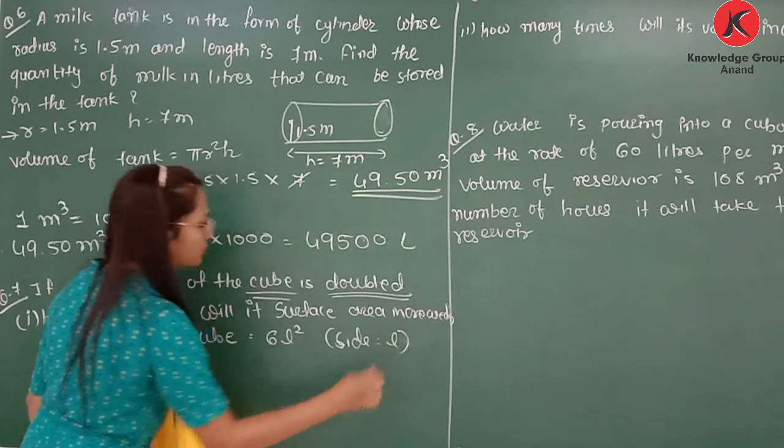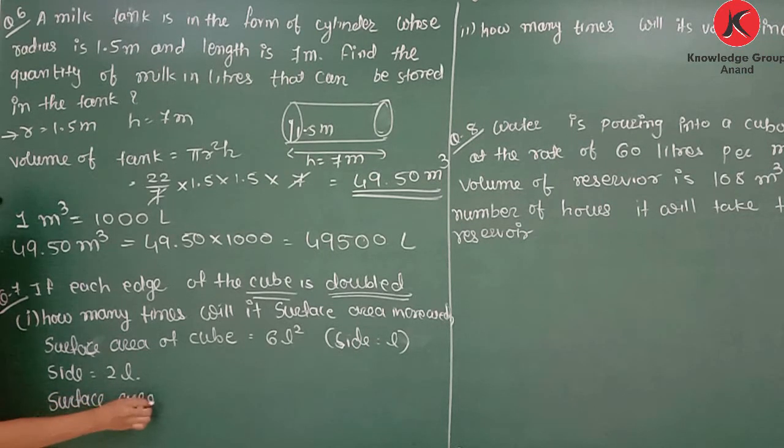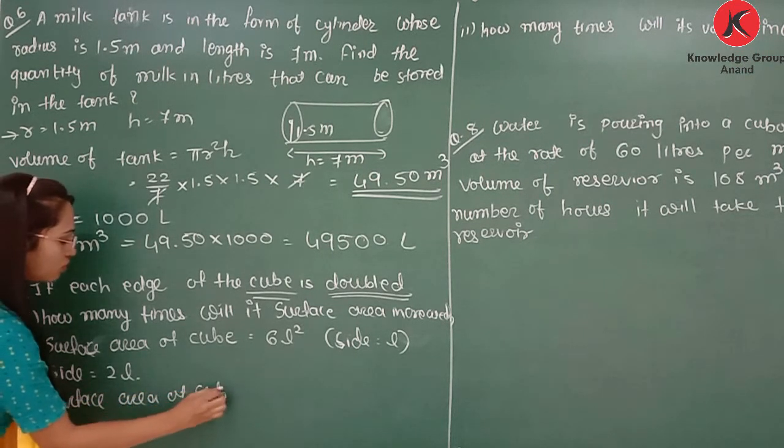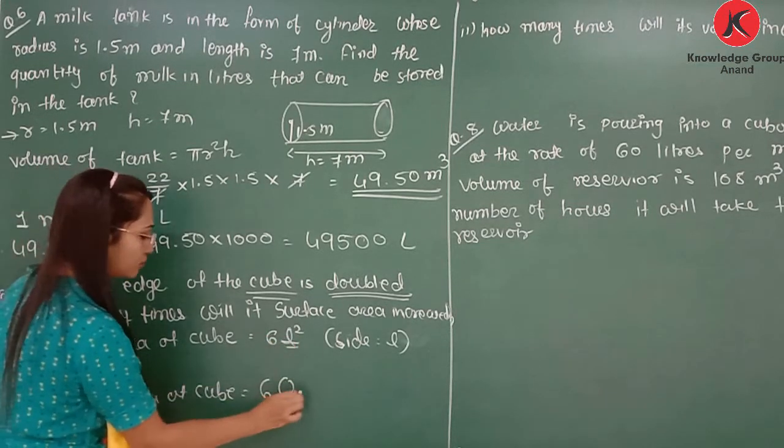If we double, so when the side becomes 2L, what will be the surface area?